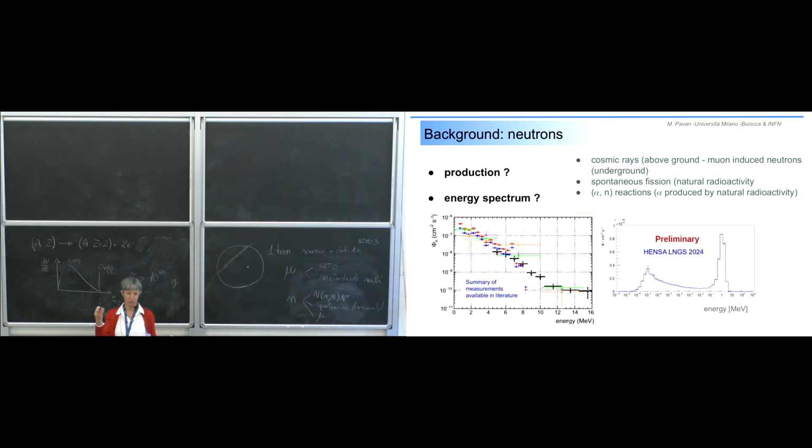So first, what is the better target to induce an energy transfer to a nucleus? It's a light target, because the energy transfer is optimized with a light target. The lightest target is hydrogen, and this is a good way to thermalize neutrons.